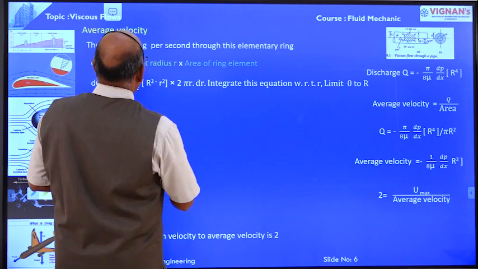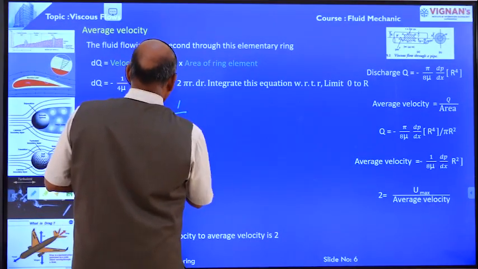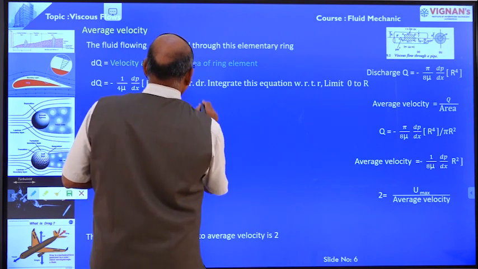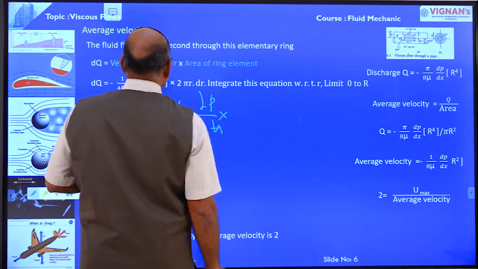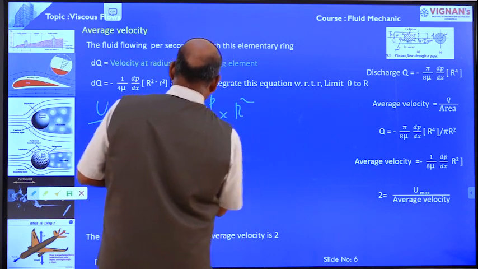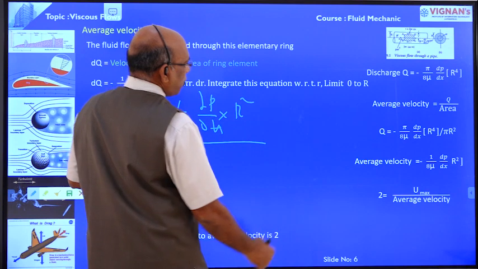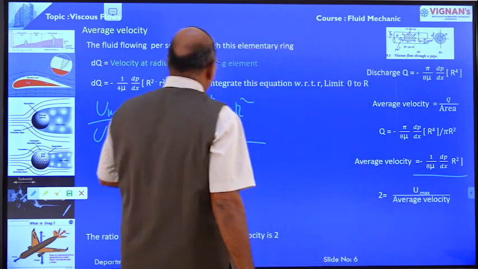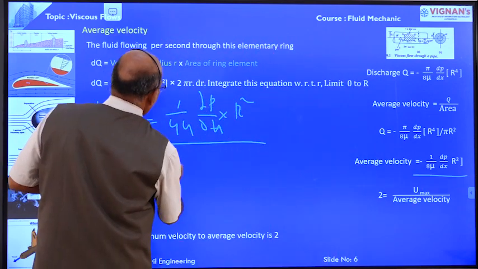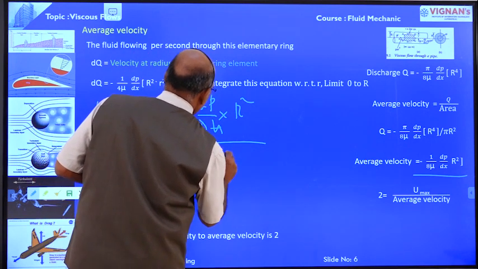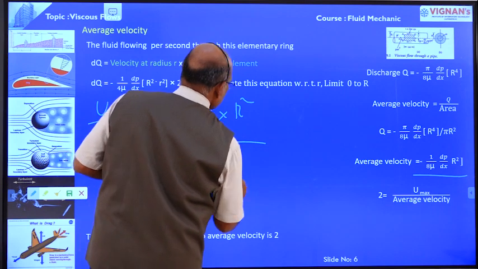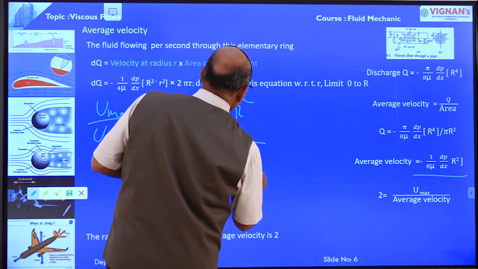Already we have determined maximum velocity equal to 1 by 4 mu dou p by dou x into r square. What is the average velocity? We have determined here: that is equal to minus 1 by 8 mu into dou p by dou x into r square.